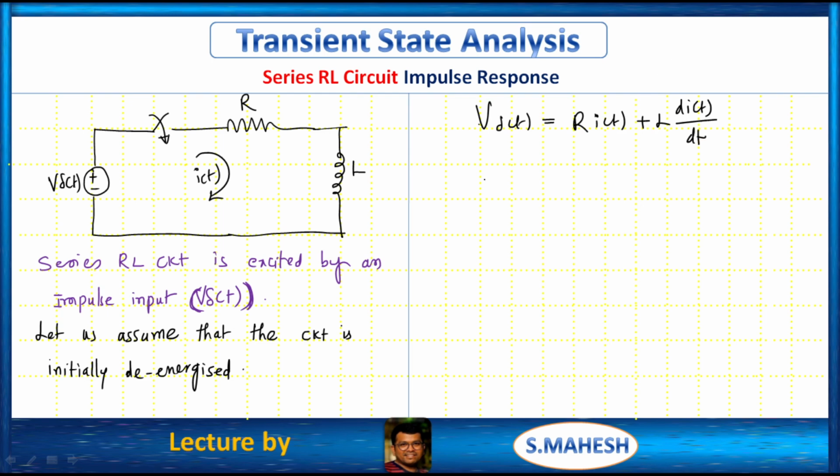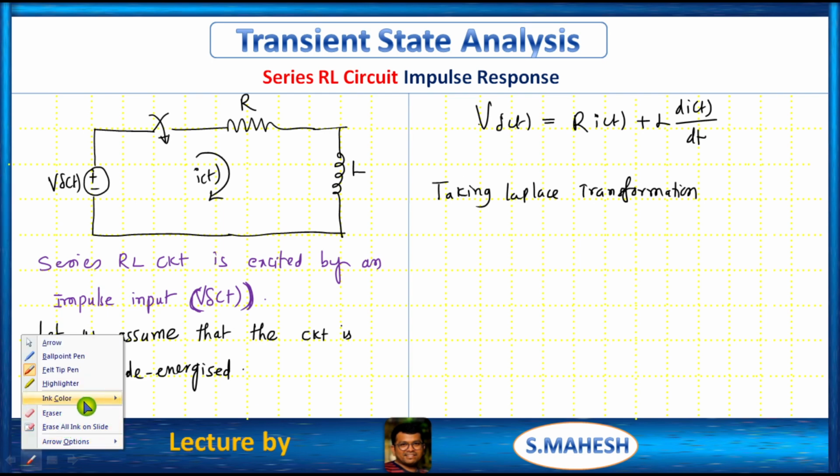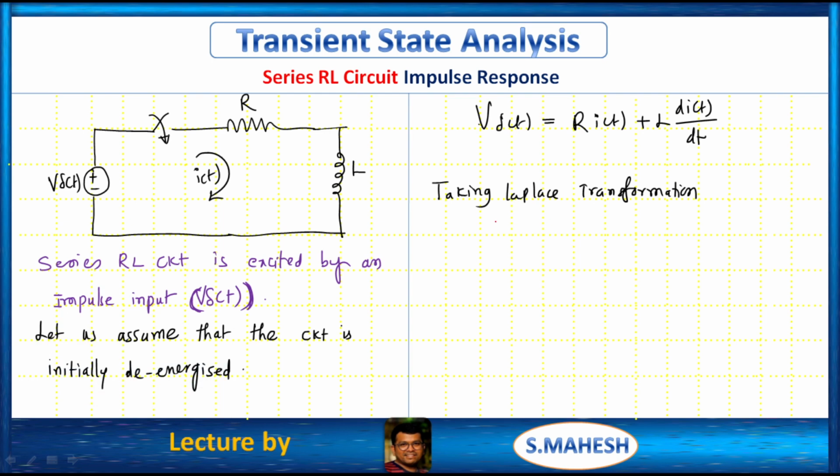So from this we are taking the Laplace transformation. The Laplace transform of delta of t is nothing but what? We all know that the Laplace transform of delta of t equals 1, right?